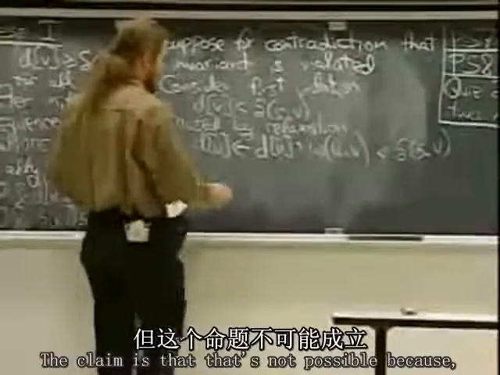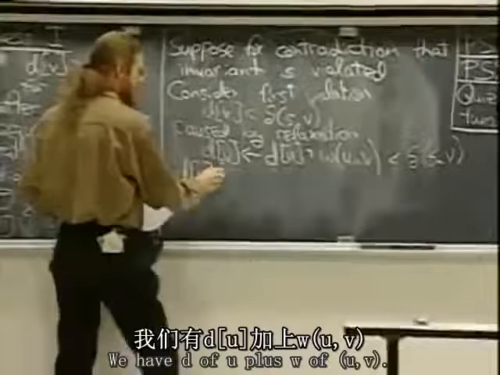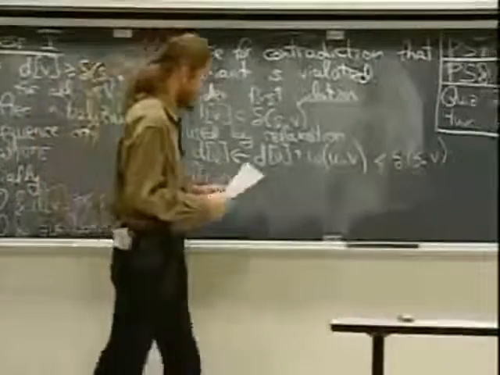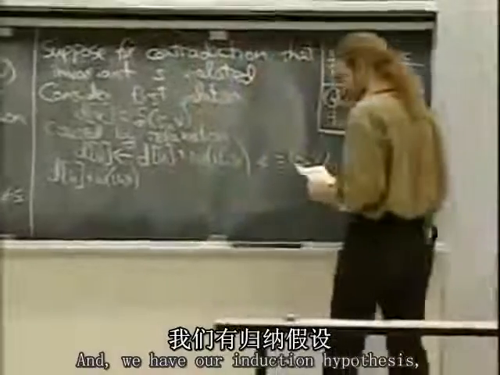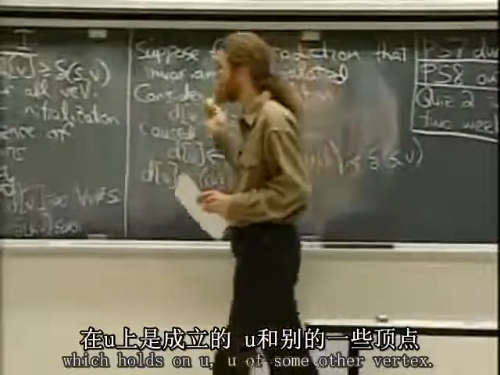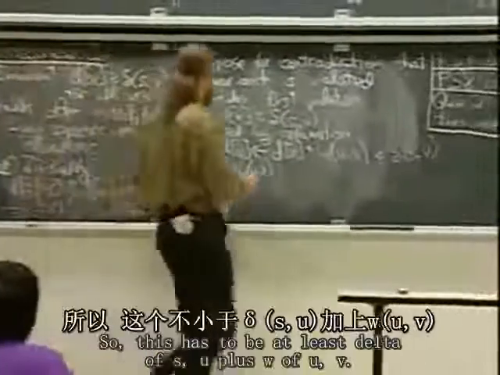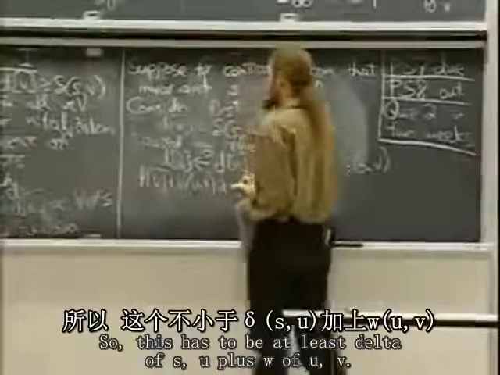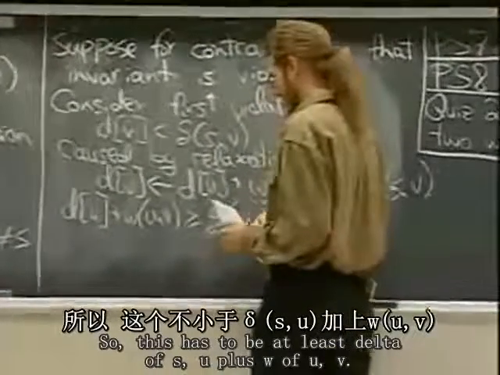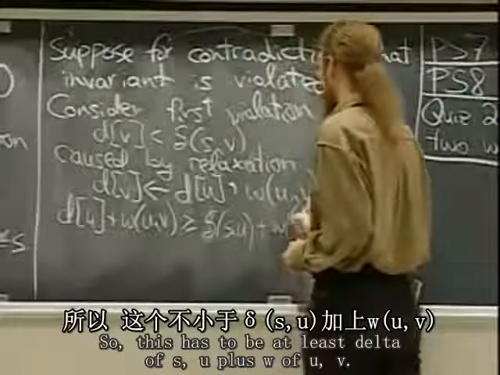Let me rewrite a little bit. We have d of u plus w of u v, and we have our induction hypothesis, which holds on u. u is some other vertex. We know that d of u is at least delta of s comma u, so this has to be at least delta of s comma u plus w of u comma v.